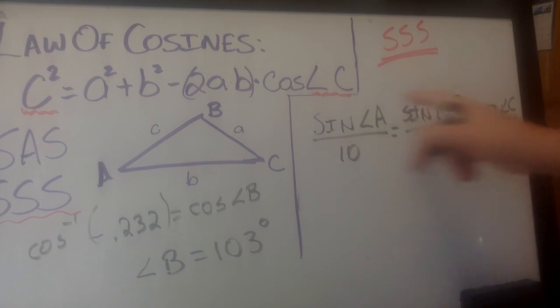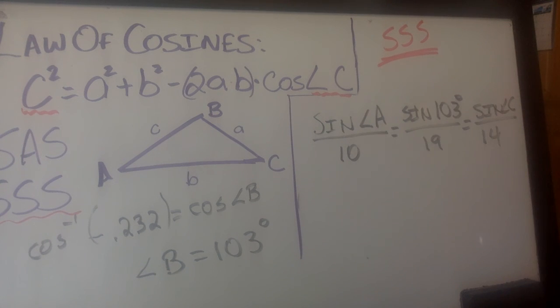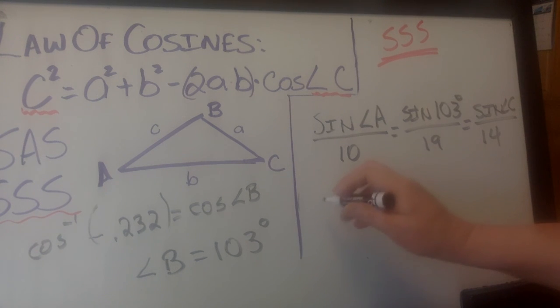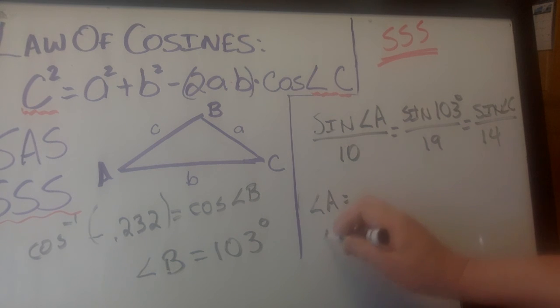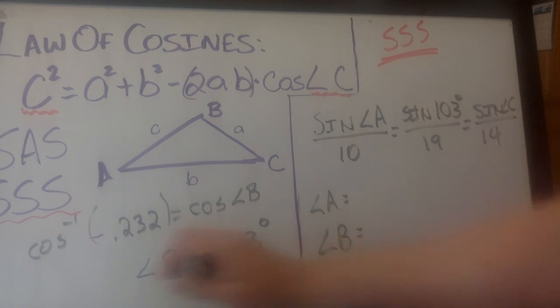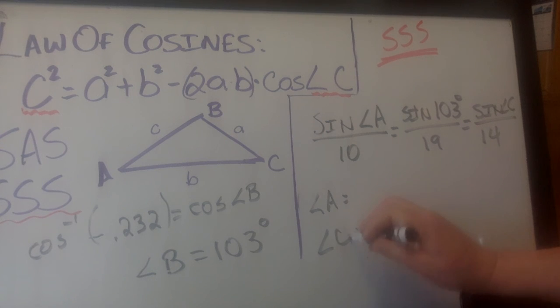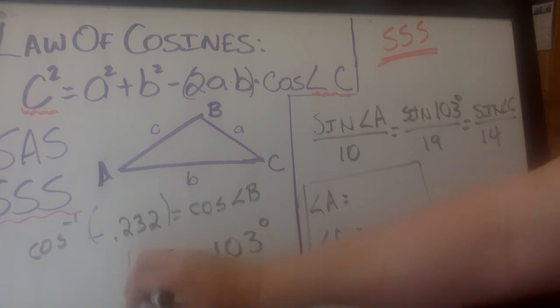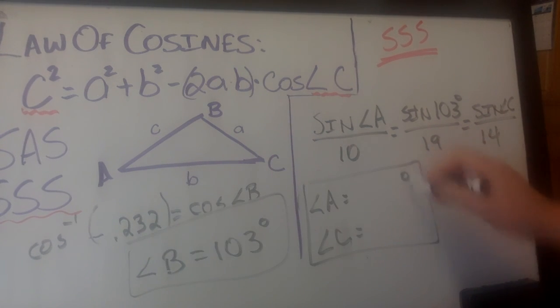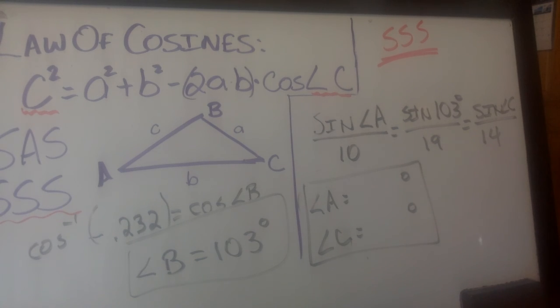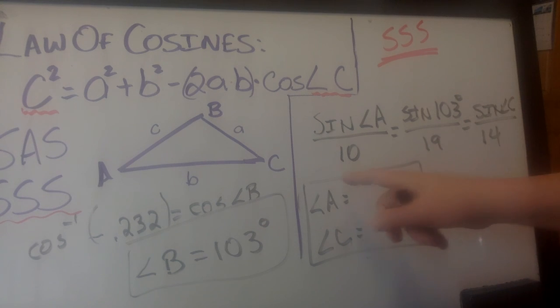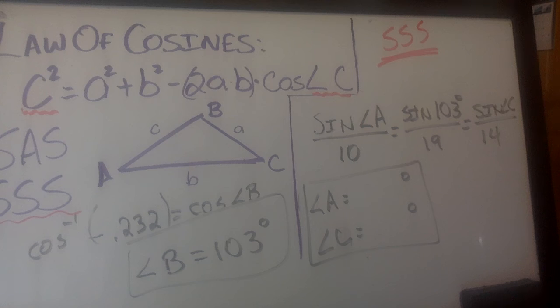So now I can do the cross multiplication and solve it for angle A. Do not forget to do the degree symbols for your angles. It's the sine of 103 times 10, divided by 19, and then take the inverse sine of that.